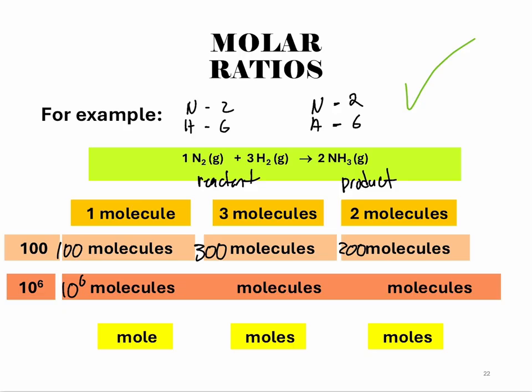All we're doing is using 1,000,000 as our counting device. 1,000,000 is like our mole, right? We know 1,000,000 means 10 to the 6, whatever it is that we're talking about. So we need 3 times 10 to the 6 hydrogen gas molecules. And then how many ammonia molecules are we going to make? 2 million, right? 2 times 10 to the 6 ammonia molecules.